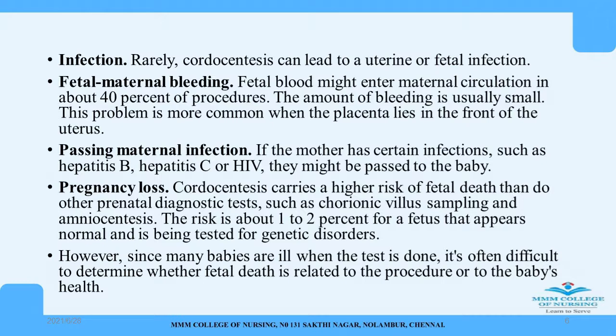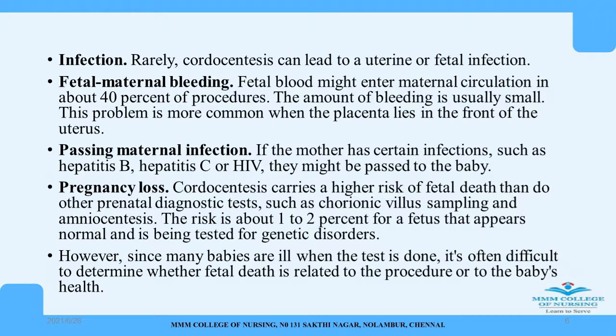So fetal-maternal bleeding is also one of the risks for the mother. Then passing of maternal infection. If the mother has certain infections such as hepatitis B, hepatitis C, or HIV, they might be passed to the baby due to the prick. So this is also a risk factor.